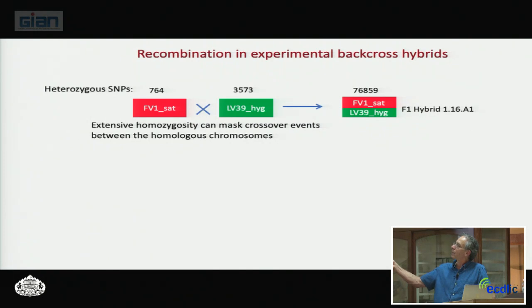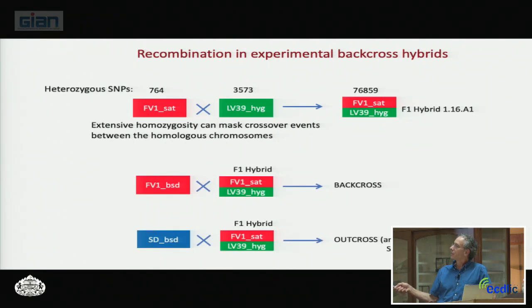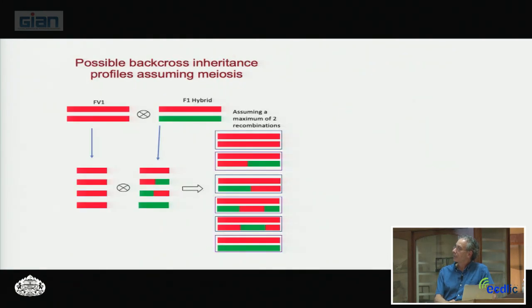But now we've generated a hybrid progeny that has high heterozygosity across the genome, and now we can backcross it and demonstrate whether these crossover events have occurred. So these are backcross hybrids, again taking the F1 hybrid, backcrossing it onto one of the parental strains, or taking the F1 hybrid, backcrossing it with a third strain, which has homozygous SNP differences.